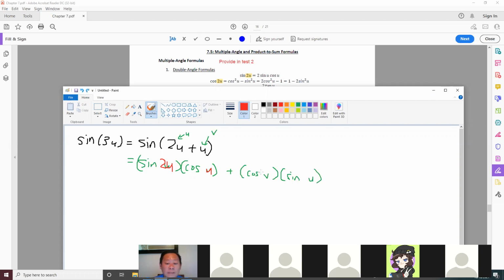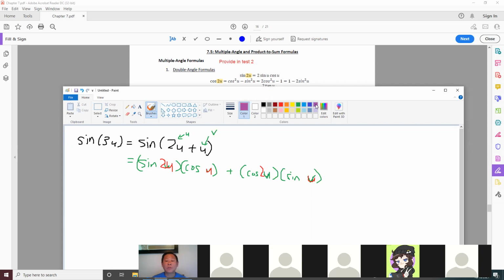This is u, and this is v. So this will become cosine 2u and sine u. That means you get sine 2u cosine u plus cosine 2u sine u. This is using the 7.4 addition and subtraction formulas.